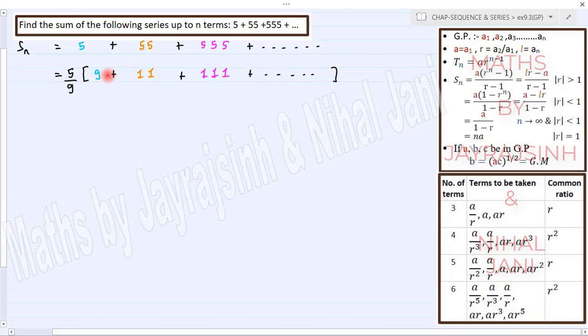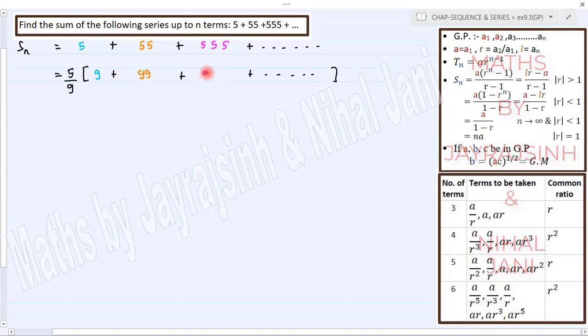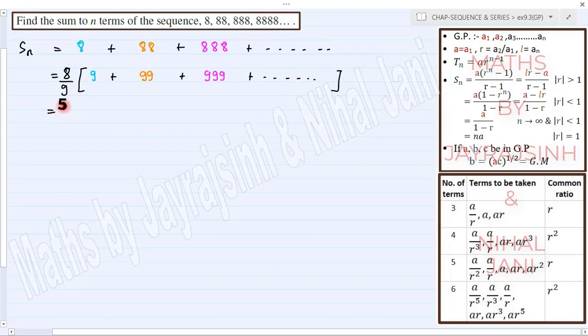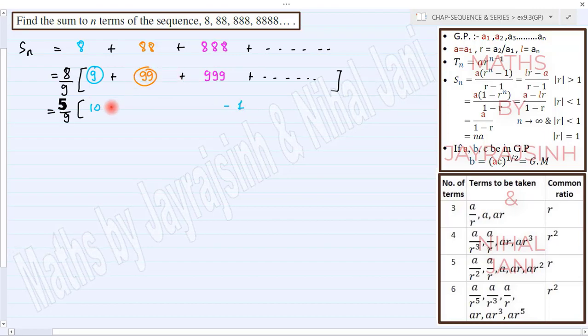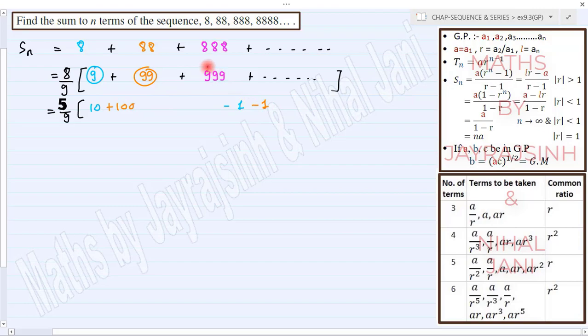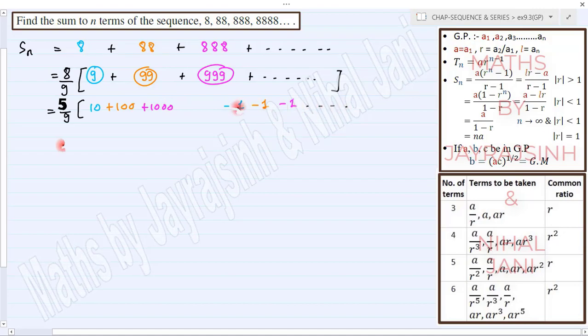So you'll get 9 plus 99 plus 999 and so on. Now, we have to split all the terms. Your 9 can be split as 10 minus 1, then 100 minus 1, then 1000 minus 1, and so on.